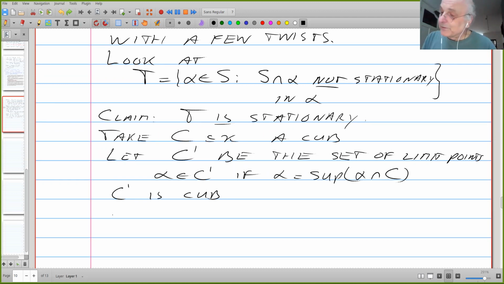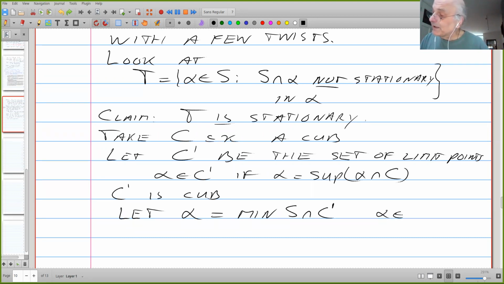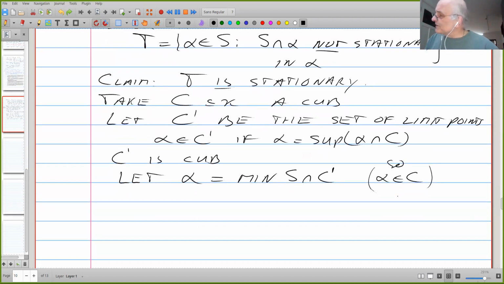And here is what we do. We take a point alpha in S and also in C prime, but we take the first one. So alpha happens to be in C, but it is in C prime. So C prime is a subset of C because C is closed. And what can we say?